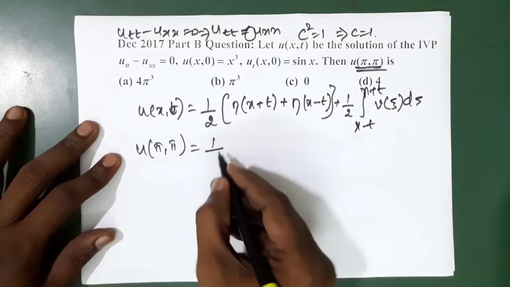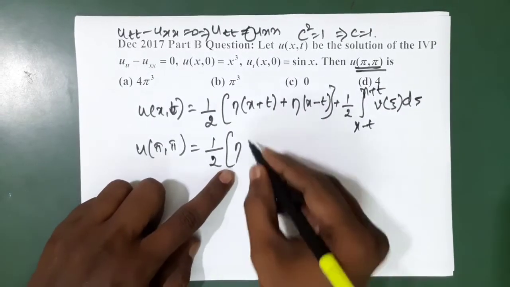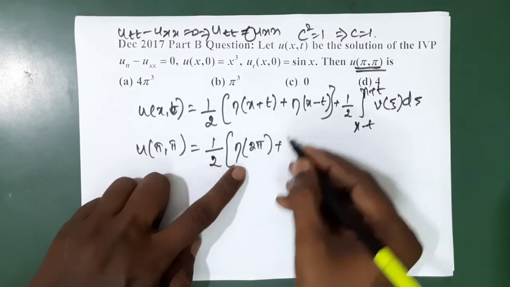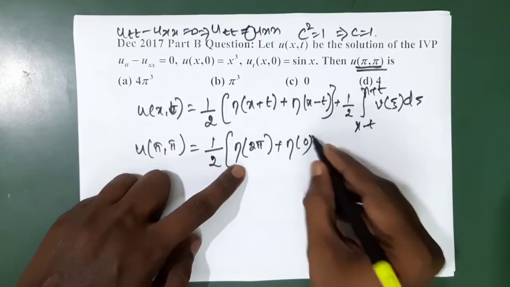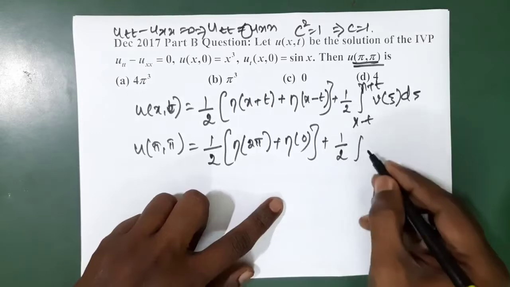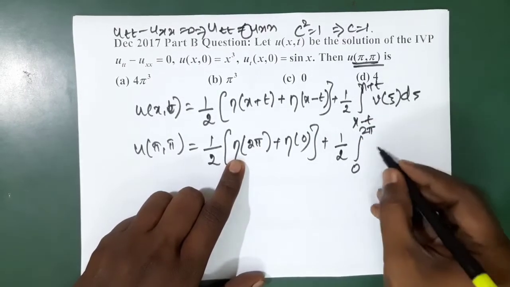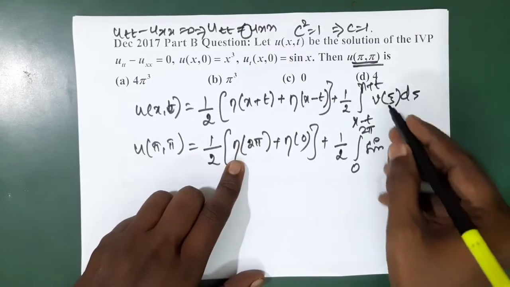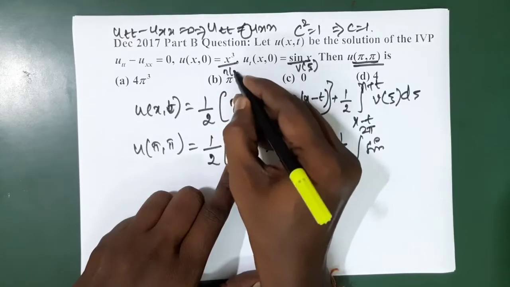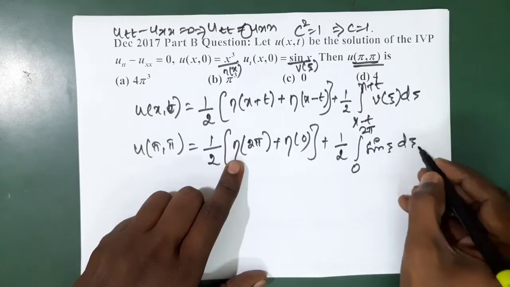So you substitute here: 1 by 2 is equal to eta of pi plus pi, that is 2 pi, plus eta of pi minus pi, that is eta of 0, plus 1 by 2 integral from pi minus pi, which is 0, to pi plus pi, 2 pi, of v of psi. The value of v of psi is this, so it is sin psi d psi.